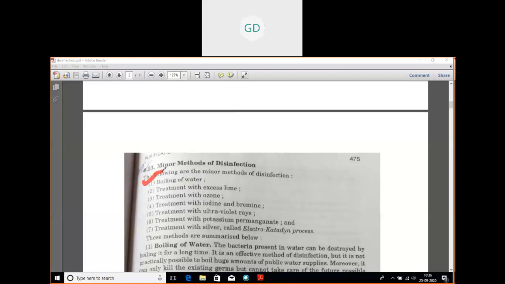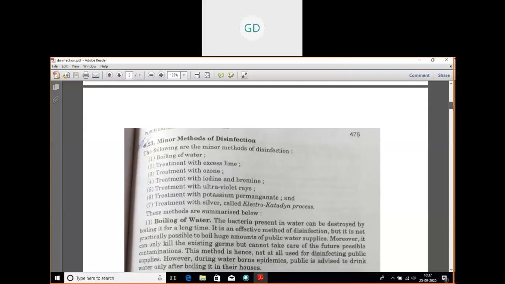No doubt the bacteria will get killed when you boil the water, but it cannot take care of future possible contaminants. You cannot say that in future these bacteria will not appear again. Only for that time when you boil, the bacteria get killed.